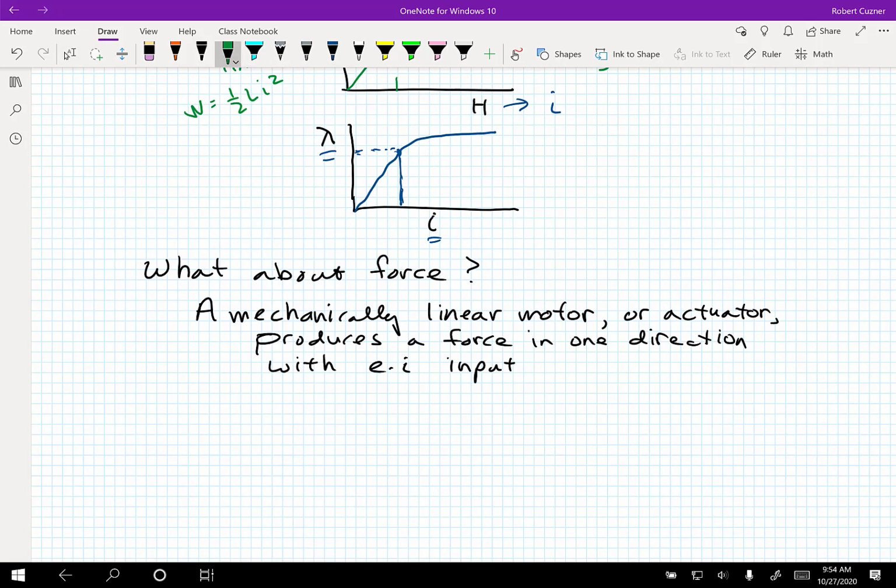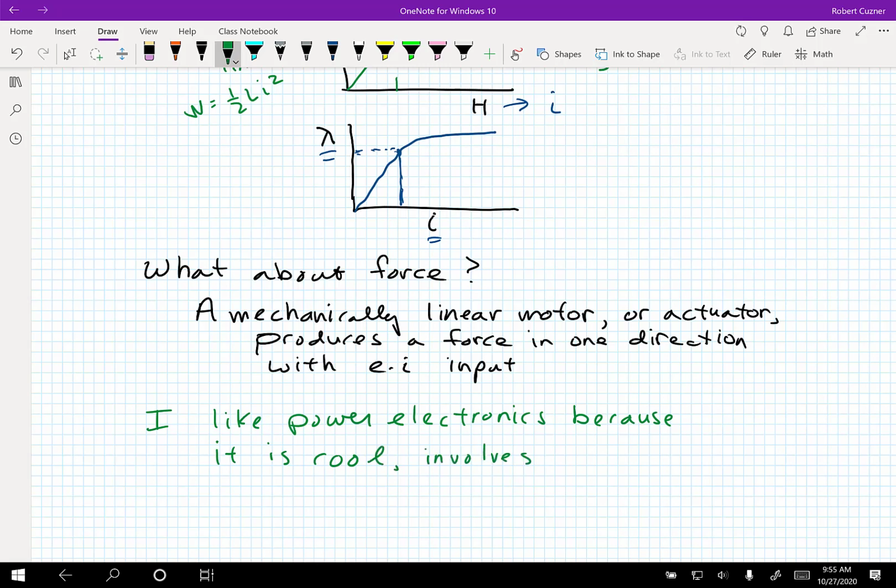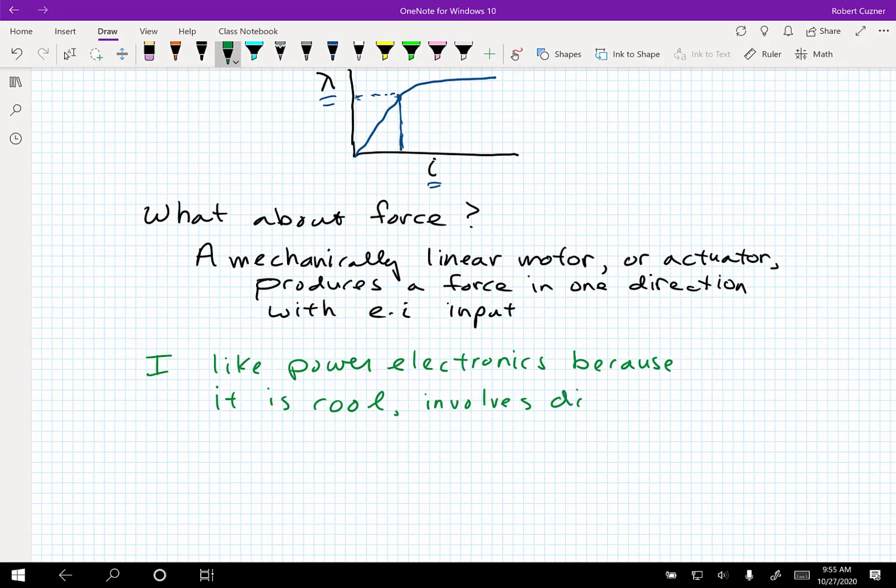No takers? Well, okay, so I'm a power electronics person, okay? So I'm going to say, I like power electronics because it's cool, and it involves a lot of different things: digital controls, signal processing.